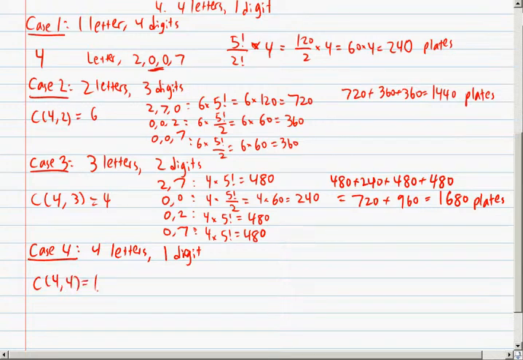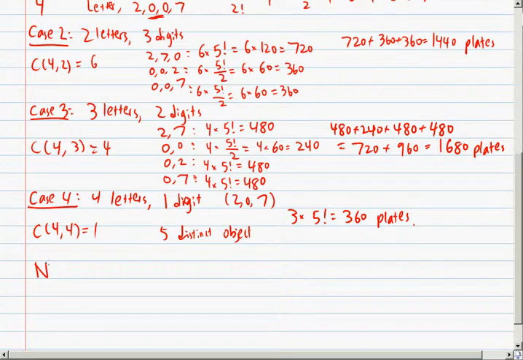Each of those cases will have 5 distinct objects to permute because of 4 different letters plus a digit. And that digit can be either a 2, 0, or 7. So that gives us a total of 3 times 5 factorial, or 360 possible license plates in this situation.